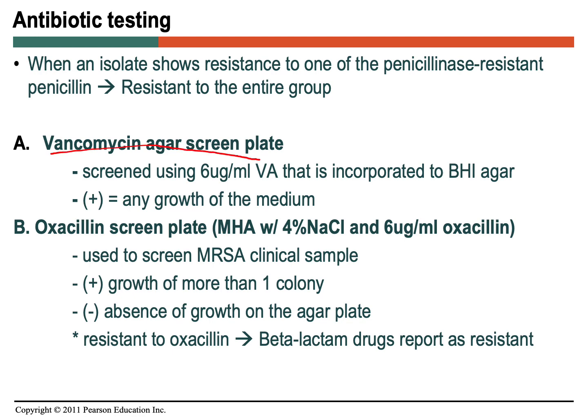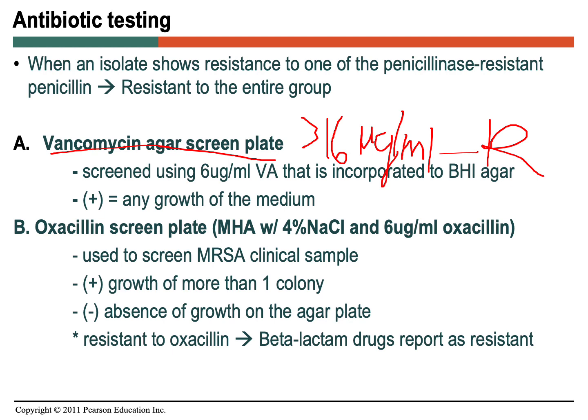Your vancomycin agar screen, if the MIC is more than 16 microgram per ml, then that is considered as resistant. Okay? But if the vancomycin MIC is less than 8, or 2 to 4 only, that is vancomycin sensitive.